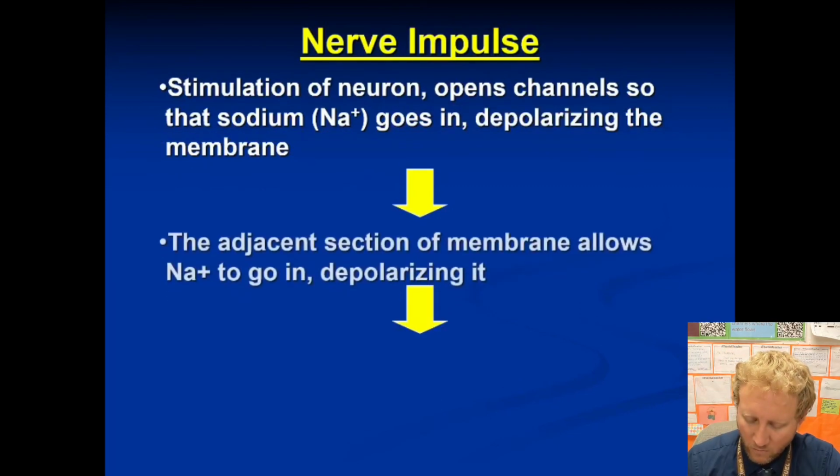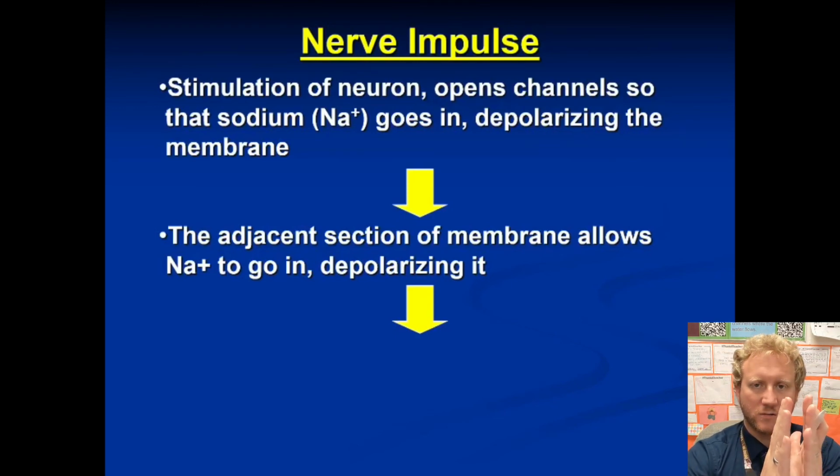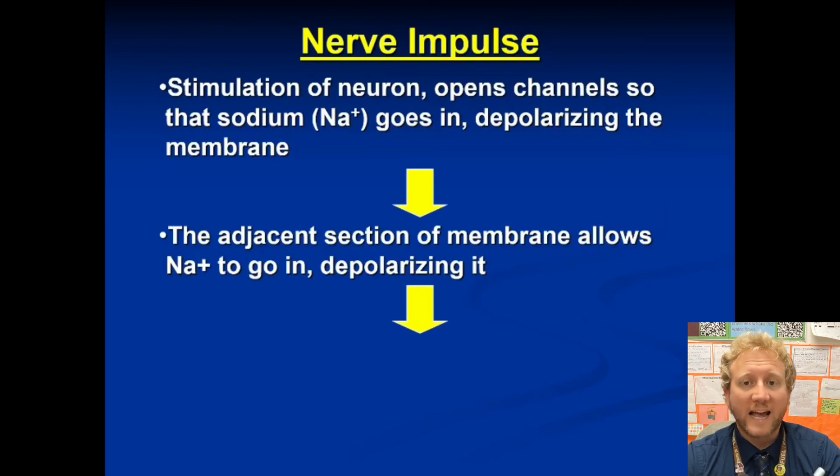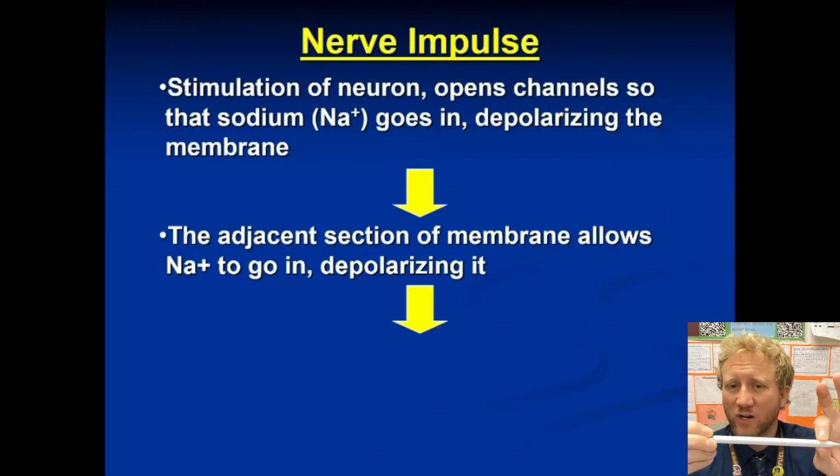While this one section of nerve cell is depolarizing, that's going to cause this next section to start to depolarize, because sodium is going to start to come into these channel proteins. Remember, your axon is a long string-like structure, like a cable or a fiber.